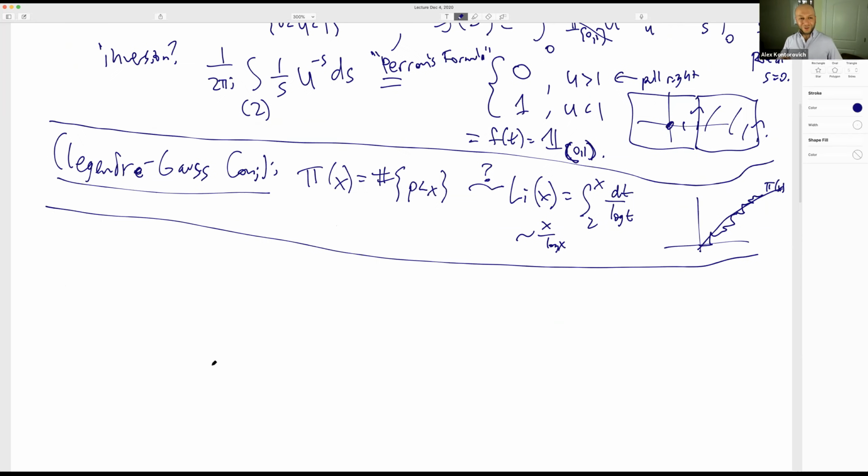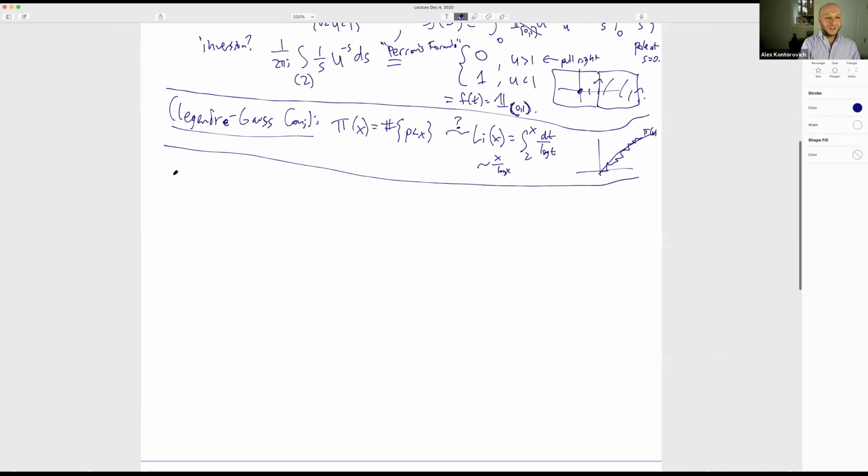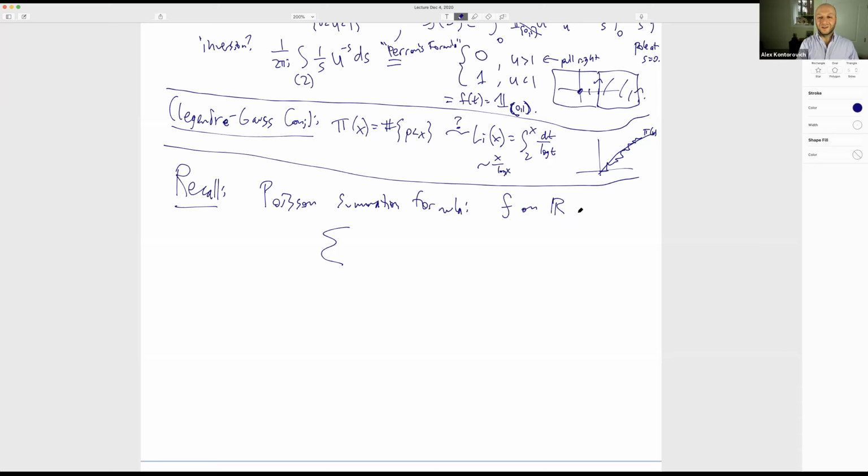Now, I need to remind you of a couple more things. Recall one more thing, at least. If we have a nice test function on the reals, we have the Poisson summation formula. Does anybody remember what it says? If we have a nice test function on all of R, the sum over the integers of its value at the integers is equal to the sum over the integers of its Fourier transform.